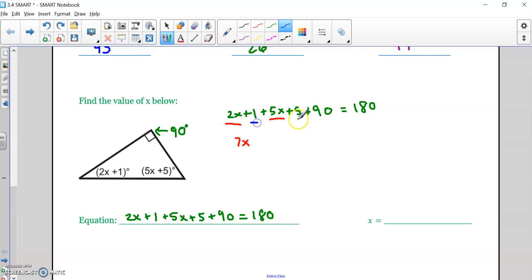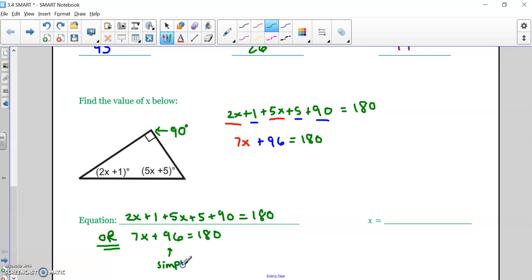The 1 and the 5 and the 90 can combine to make 96, because 1 plus 5 plus 90 is 96, and then you can say that is equal to 180. Okay, so that's another way that you can represent it. All right, and I'll just go ahead and write that this one is the simplified version.